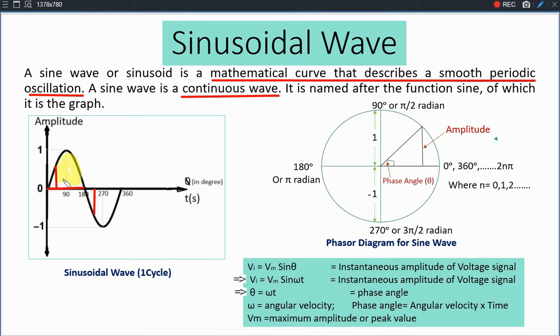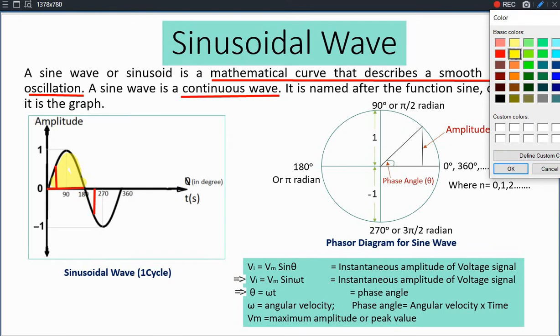Here, this is the positive side for the 0 to 180-degree angle, while the values are on the negative side when the angle is 180 to 360-degree.